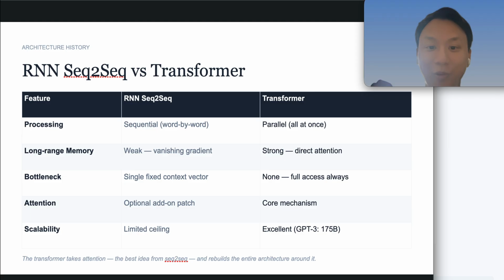And now we have this core mechanism, attention, that we will explain later. With those things, the ability to scale these systems is much greater, and we can develop these really impressive LLM systems with which we all interact today.